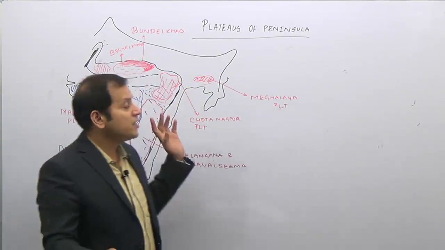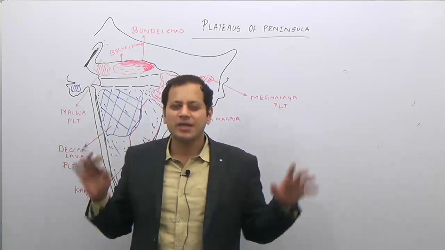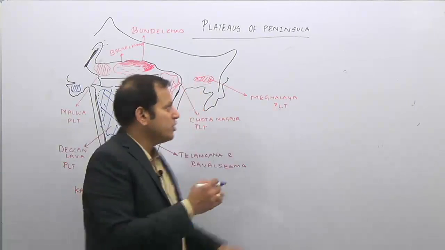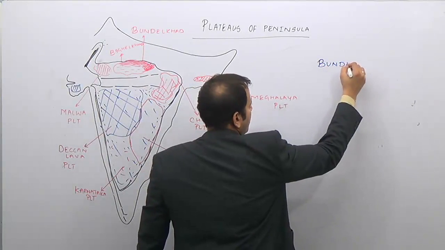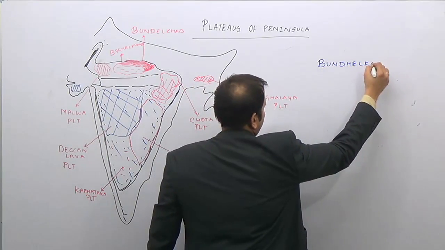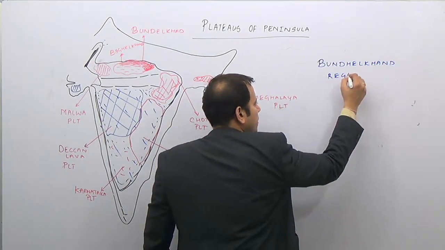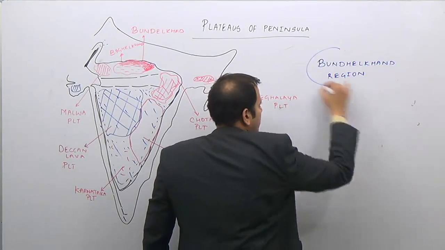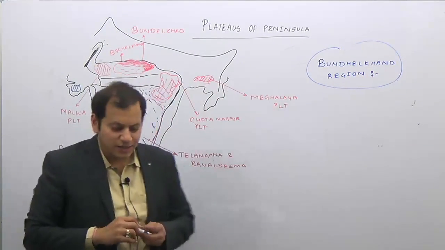So the Bundelkhand region is one of the backward regions, and again it is a highly eroded region.